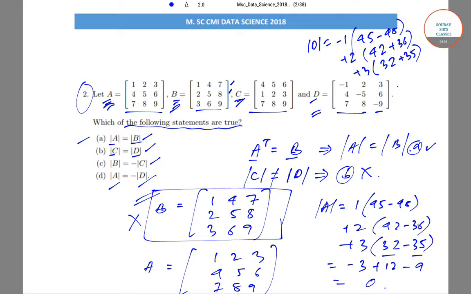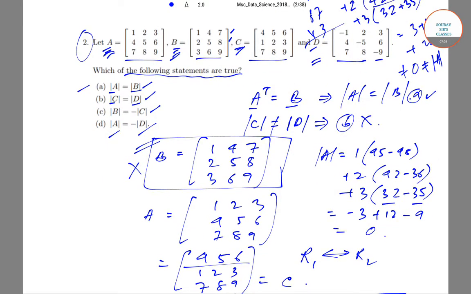So 45 minus 48 will be minus 3. 42 plus 36 will be 78, into 2 this will be 156. 32 plus 35 will be 67, and 67 into 3 will be 201. So as you can see, this is not equal to 0 and is thereby not equal to determinant A. So option D is incorrect.